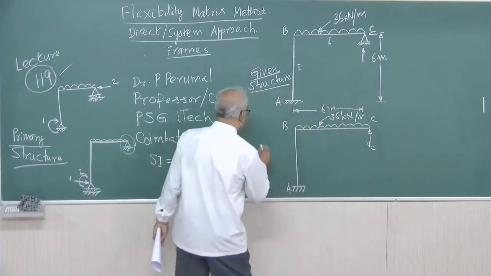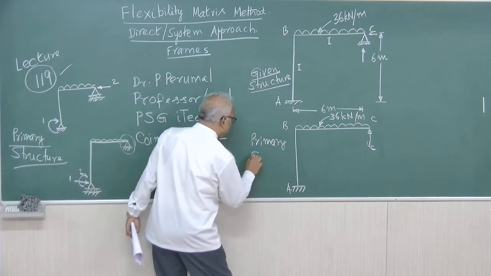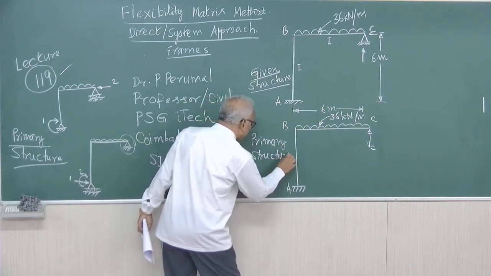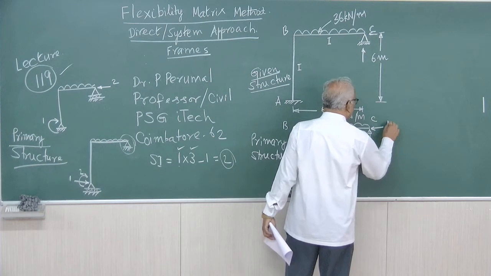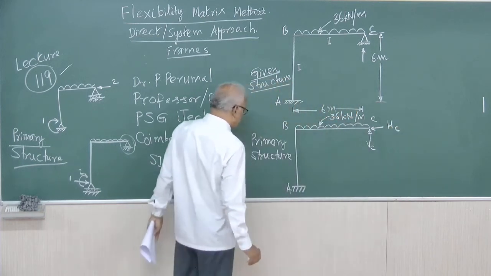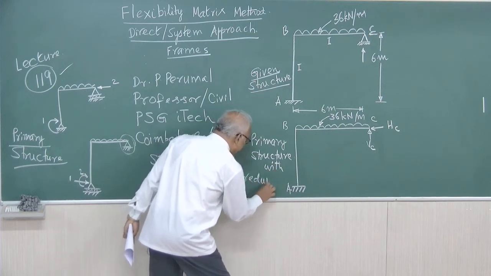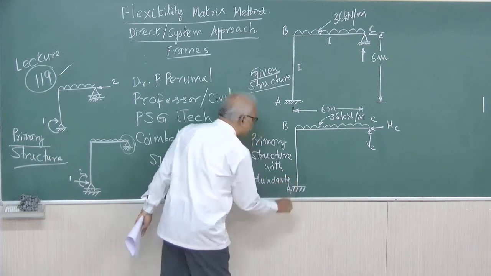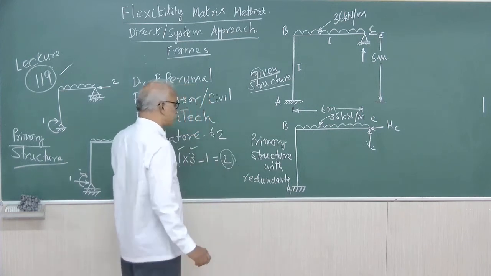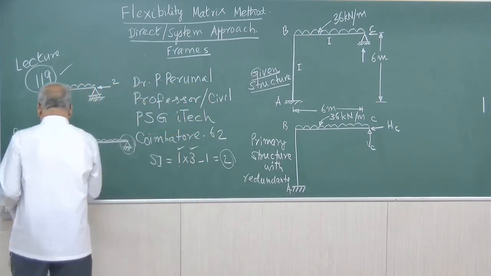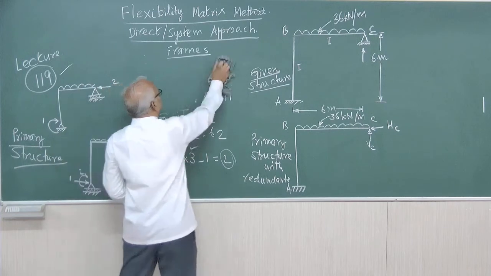Actually, this is the primary structure with redundants. That is another way of making the structure statically determinate. We can do any of these. So that's about finding out the degree of redundancy and making the structure statically determinate.